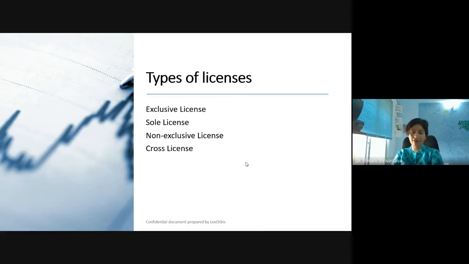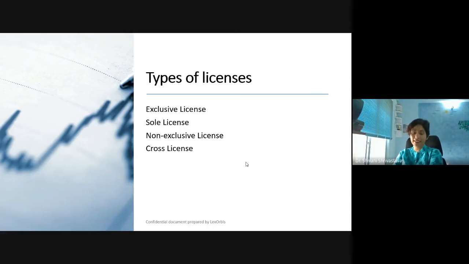It can be given for a limited territory, like for a specific jurisdiction, and then it can be given for a specified use. Because when we are talking about what the other person can do with the technology, we can restrict it here with exclusive license.